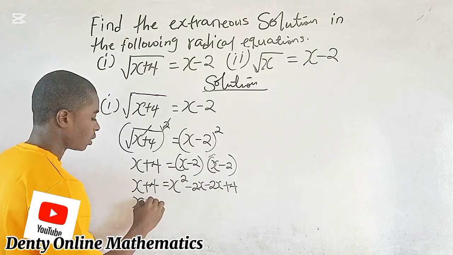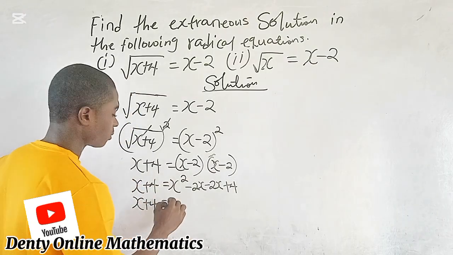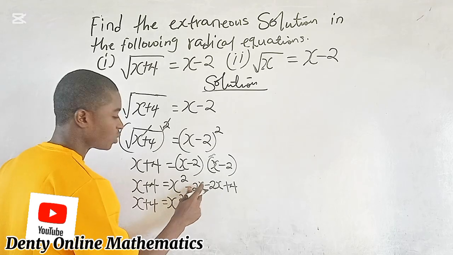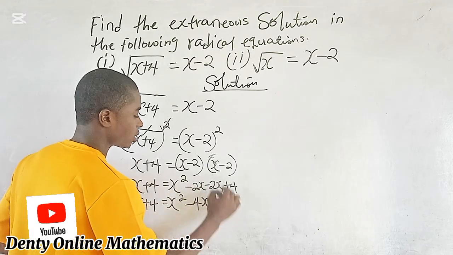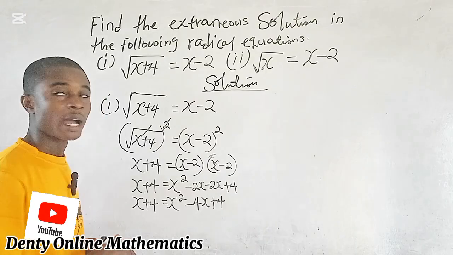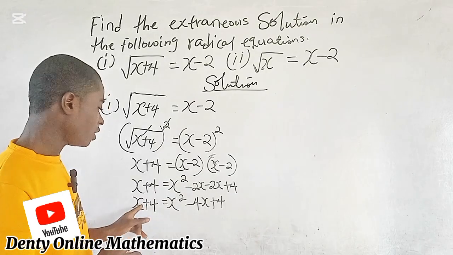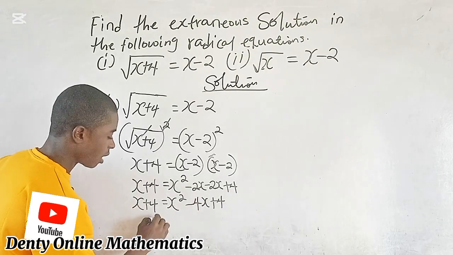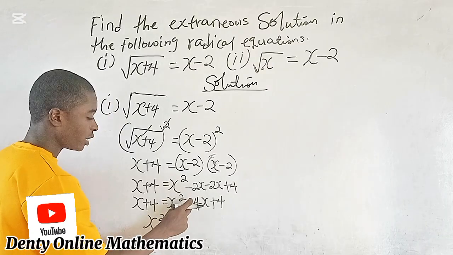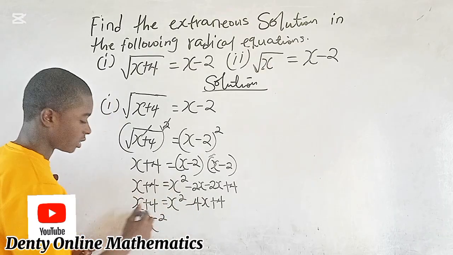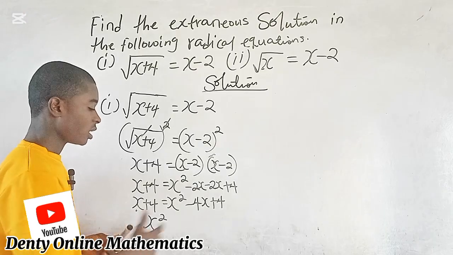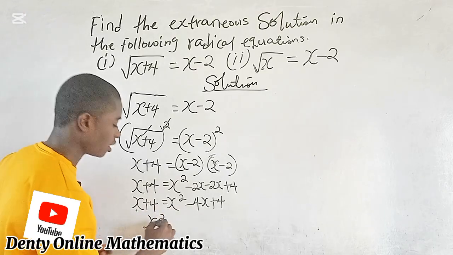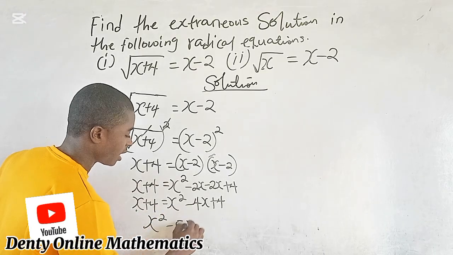So x plus 4 equals x squared minus 4x plus 4. At this point, I'll move this x to the other side. So I'll have x squared minus 4x minus x. When this positive x crosses over, we have a negative x, so minus 4x minus x gives minus 5x.